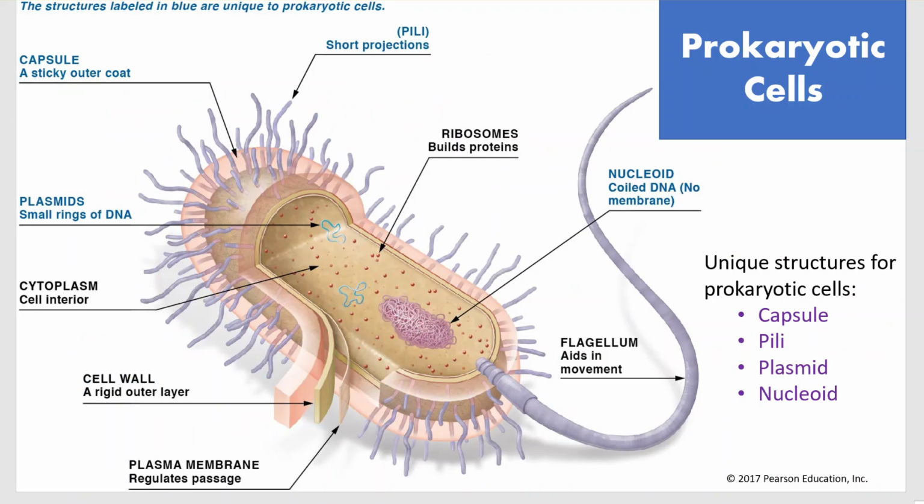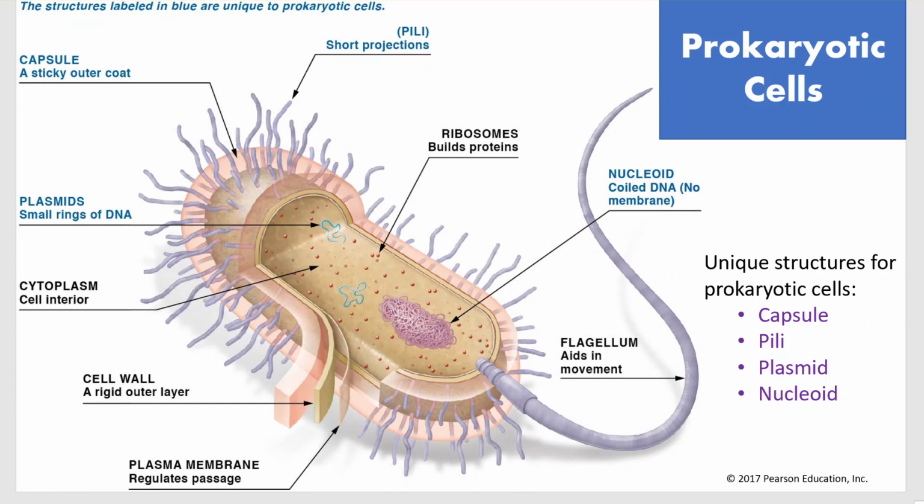Right, so this is what a generalized prokaryotic cell looks like. And I say generalized because this is in general what it looks like, but not all prokaryotic cells look the same. For instance, bacteria can be round in shape instead of this shape. This shape is like a capsule or a pill, or elongated.